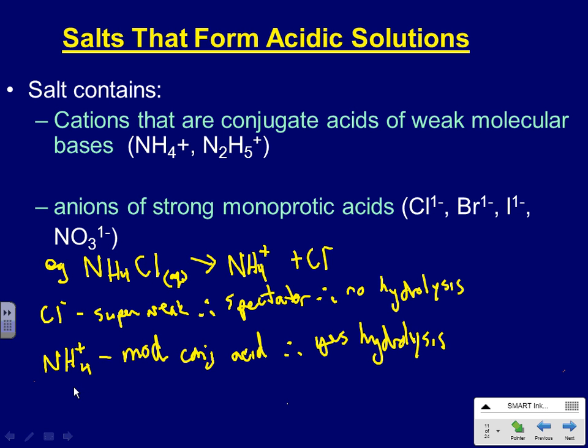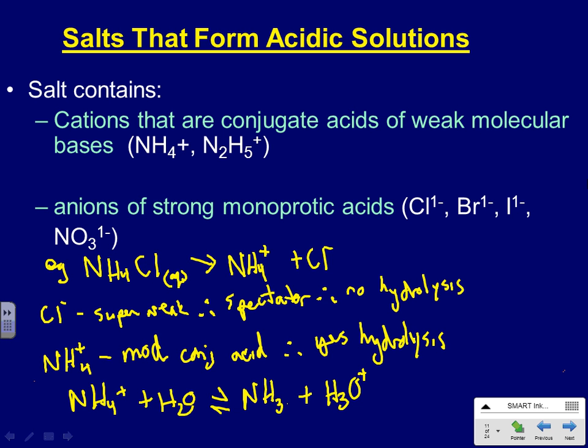And I'm going to just quickly write the hydrolysis reaction. NH4 plus and water. It is an equilibrium. What am I going to get? An NH3. And here's the important part.